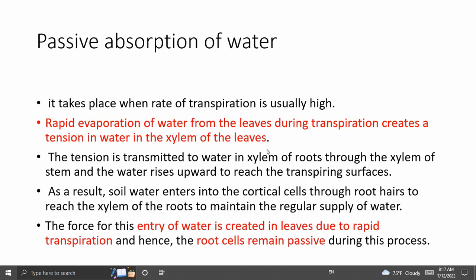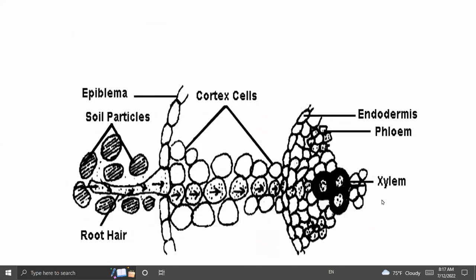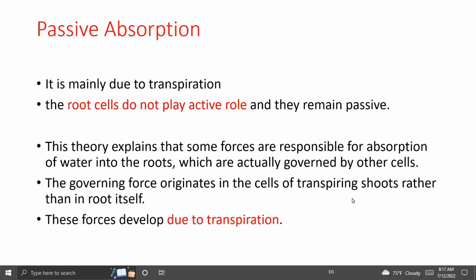See, in the xylem, when the water is drawn by the leaf upward, there is a tension. What do you mean by tension? There is a vacuum formed. Because of this tension, it has to be filled from the nearby cells. That is what we call transpiration pull. Okay, due to transpiration.